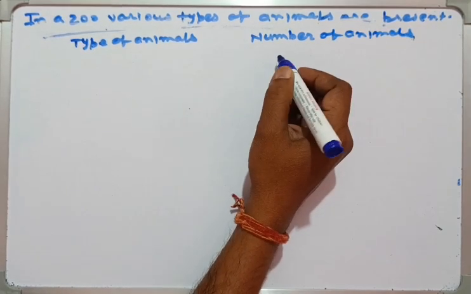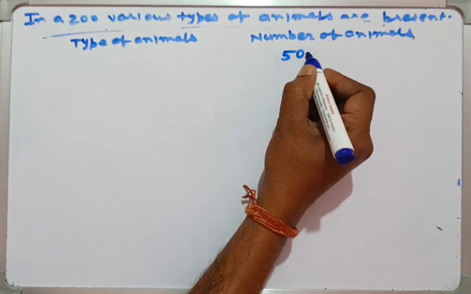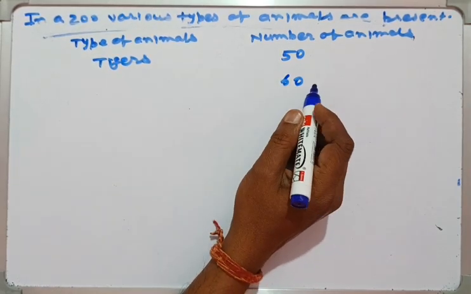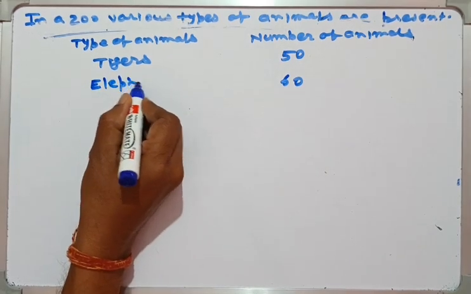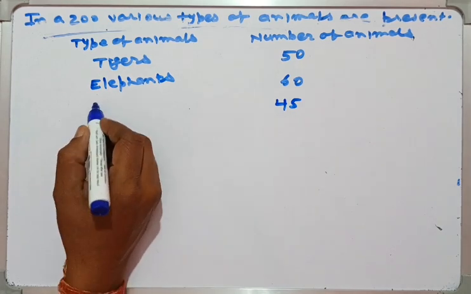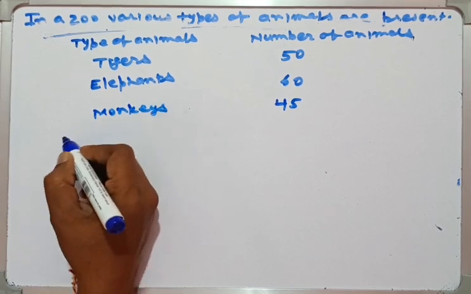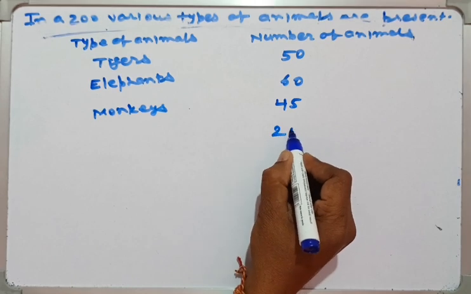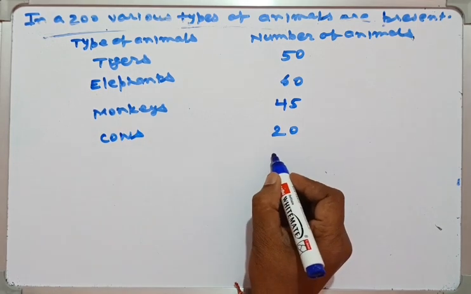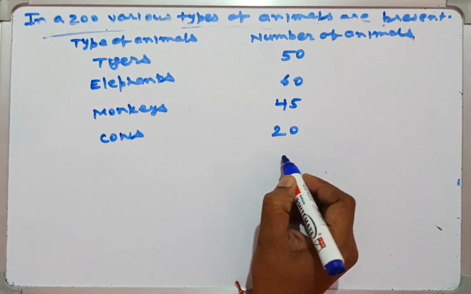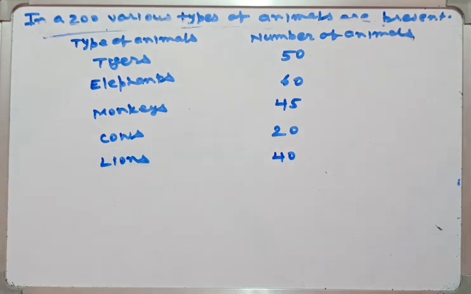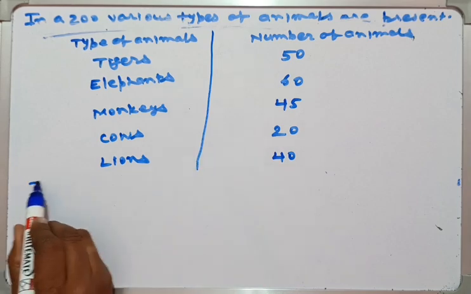Suppose there are 50 tigers in this zoo, 60, or you can say there are 60 elephants in this zoo, 45, that is there are 45 monkeys in this zoo, and again there are 20 cows in this zoo, and here again consider there are 40 lions in this zoo.